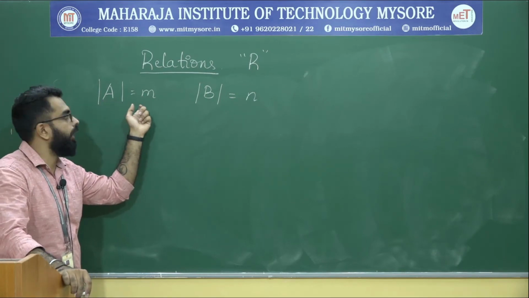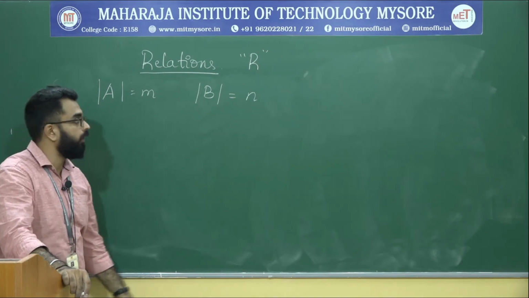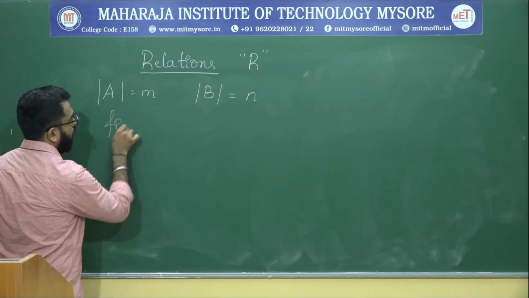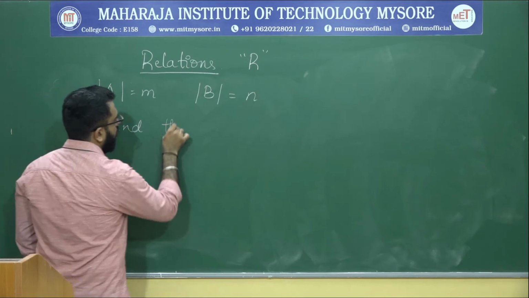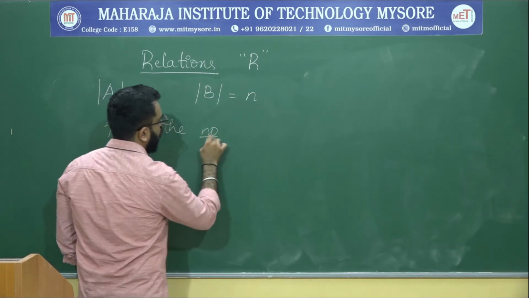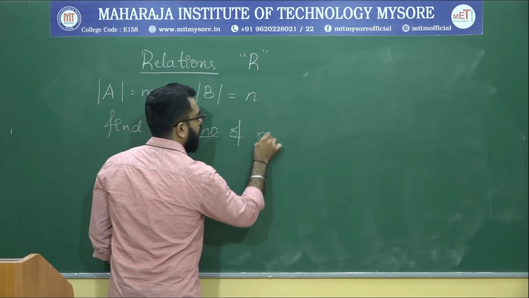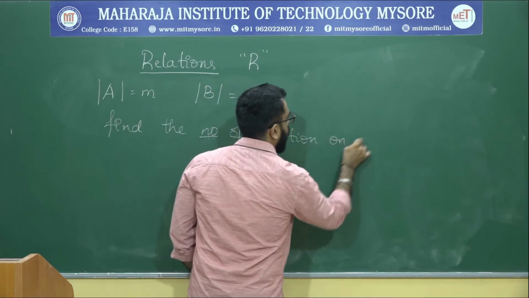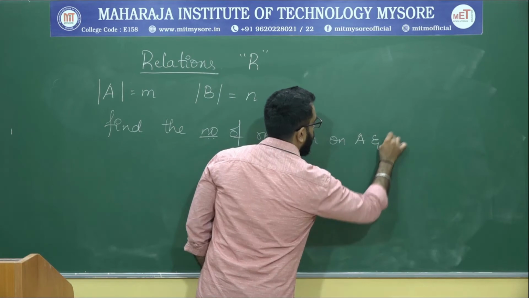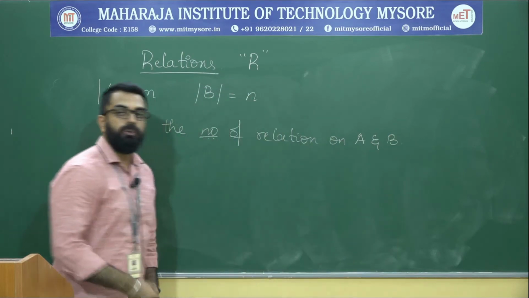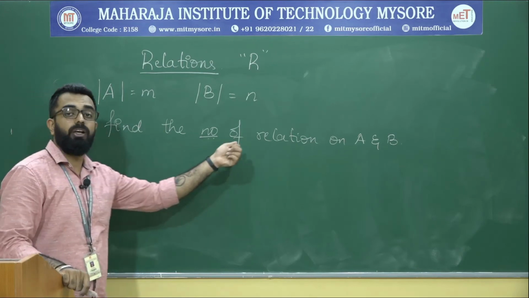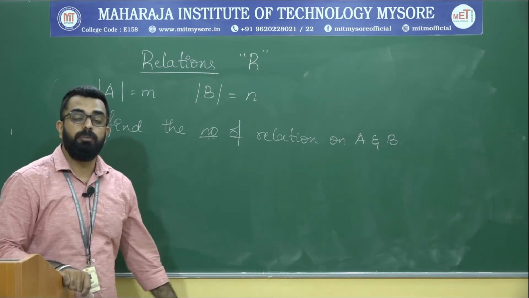Set A is of size M and set B is of size N. Now find the number of relations on A and B. How do I identify the number of relations that can be defined on set A and set B?